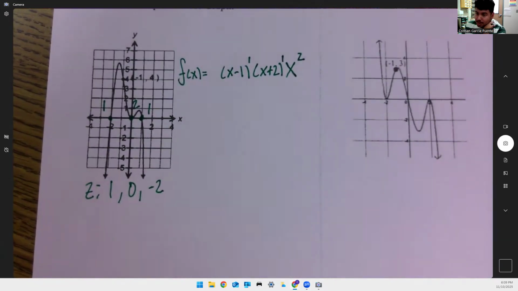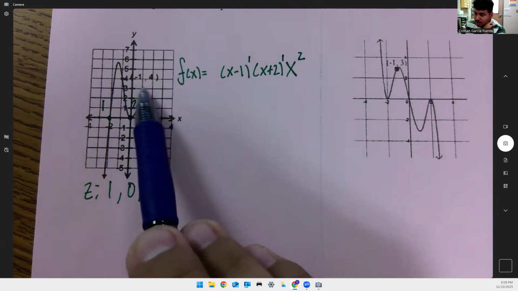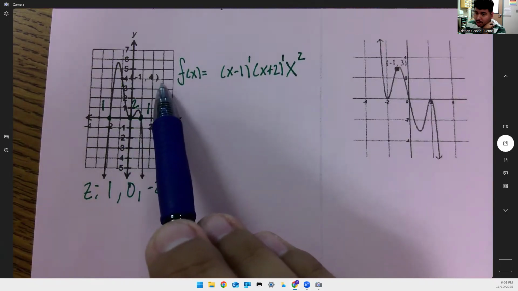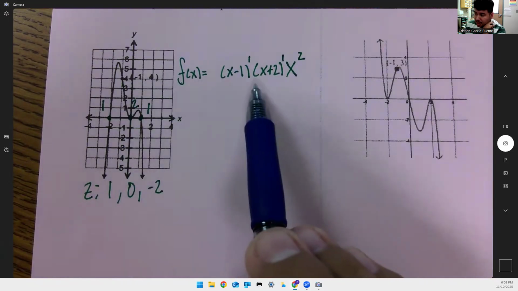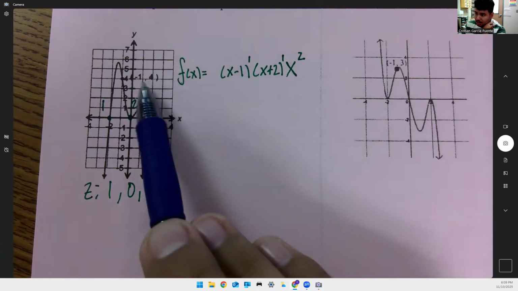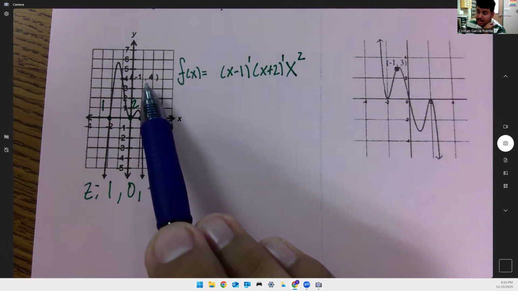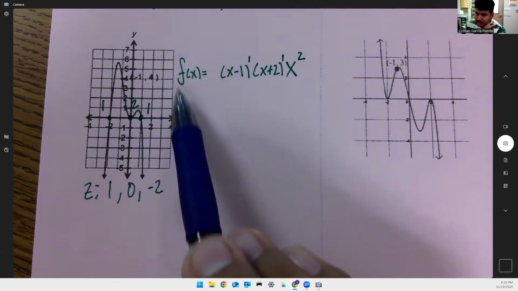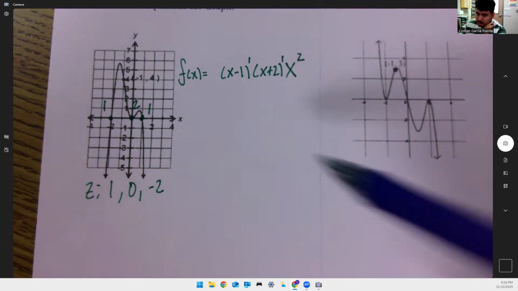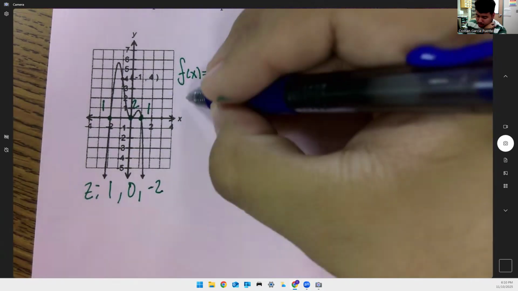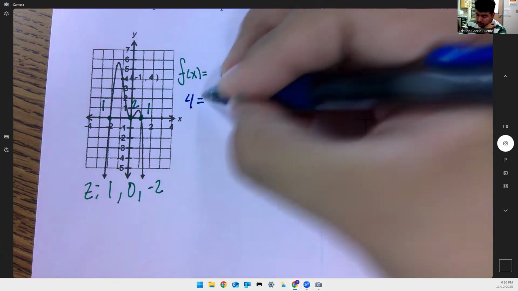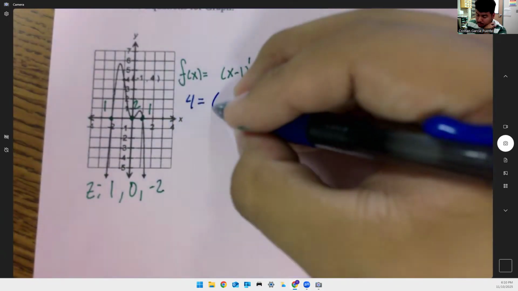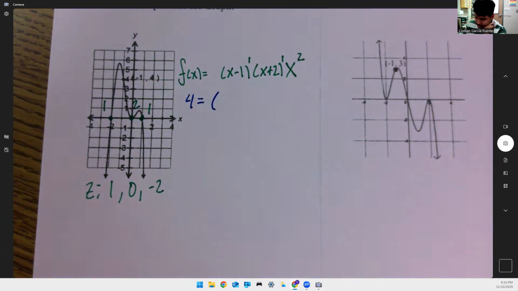All right. Now, the last thing we do, you see how you have this coordinate right here of (-1, 4)? The -1 is what you're going to be replacing the x with. Each x is going to get replaced with -1. The 4 is what you're going to replace f of x by. So when you replace it, 4 is equal to, what are we replacing the x with? -1.